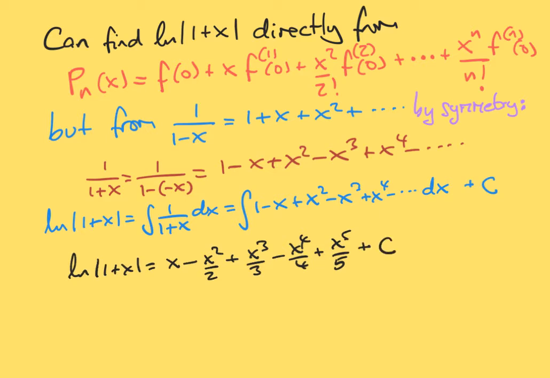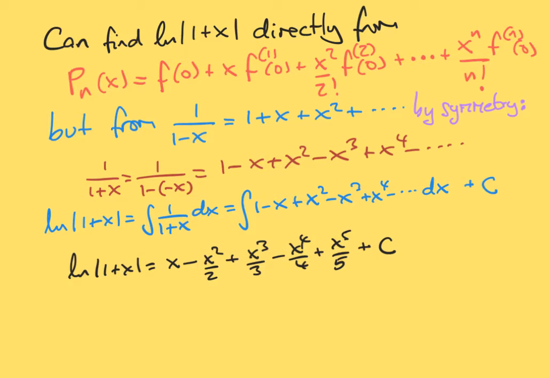To fix the value of the integration constant, what we do is we insert a value of x into both sides and see what we get. And the sensible value of x to insert is x equal to 0, because then all of these terms vanish.